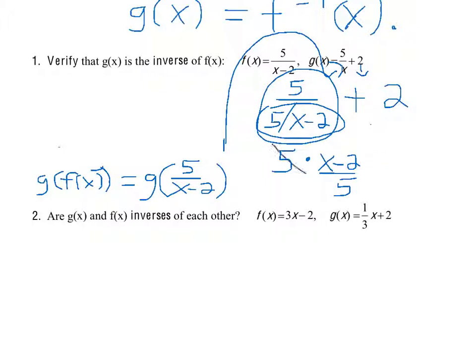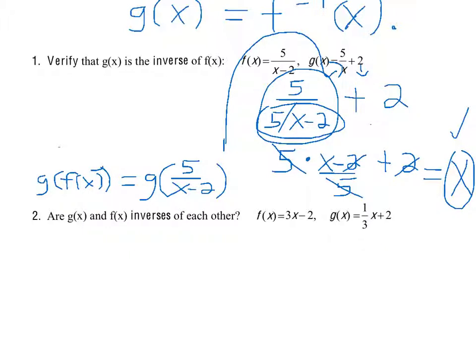Okay, these 5's cross cancel, and then I'm just going to bring down this plus 2. And then this negative 2 plus 2 cancel out, so it equals x. So I showed all the steps there, so I put a little check mark. I proved that FOG and GOF equal x, so therefore they're inverses of each other.